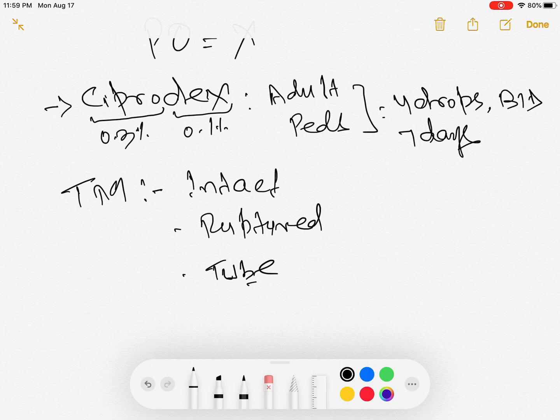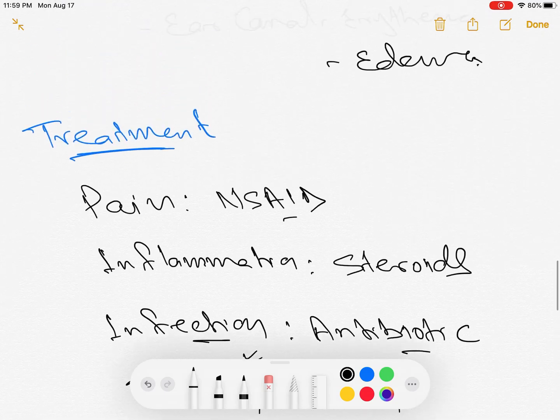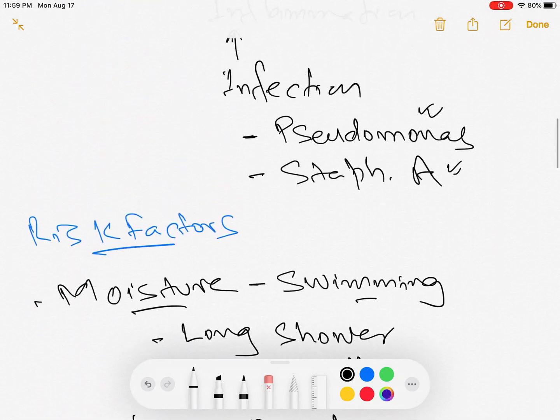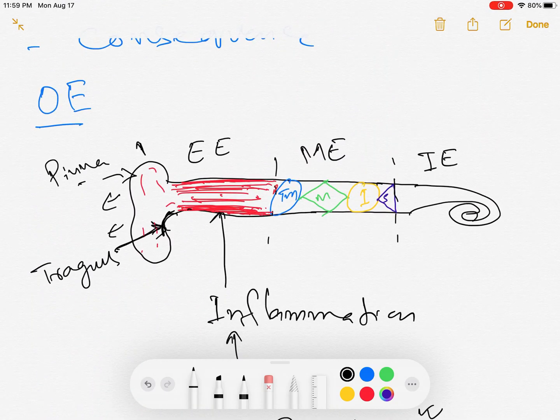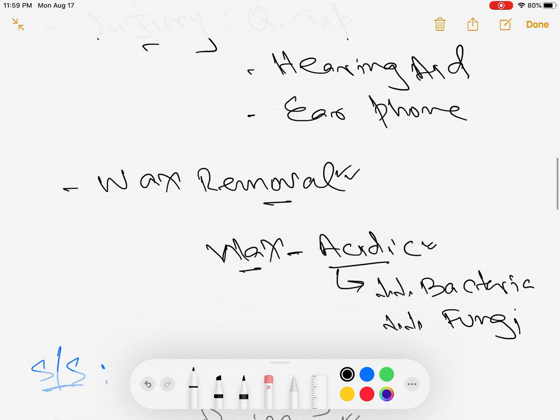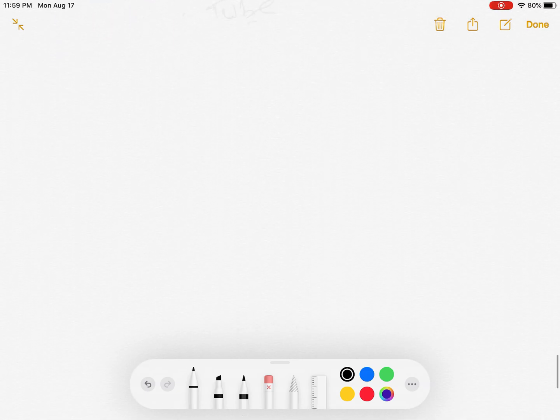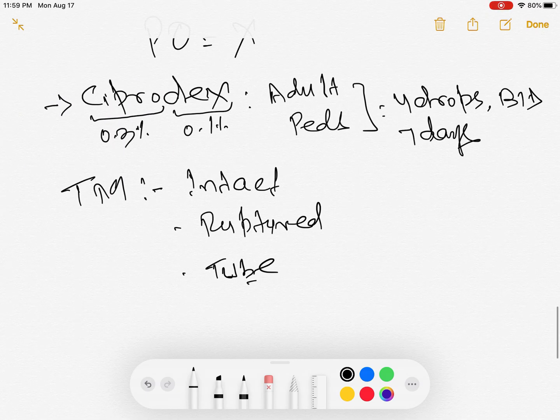Just remember, if you didn't get to look at the tympanic membrane, you cannot rule out that it is intact, mainly because you did not see it. And it's very likely that you cannot get a good look at the tympanic membrane because there's so much swelling going on and so much pain. So it's very hard to look at the tympanic membrane. If your tympanic membrane is ruptured, then you have only very few options, and one of the best options is the Ciprodex.